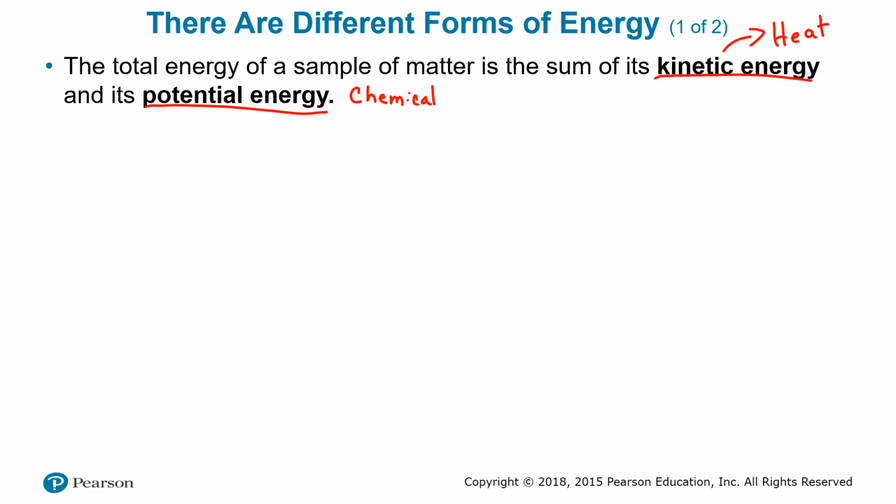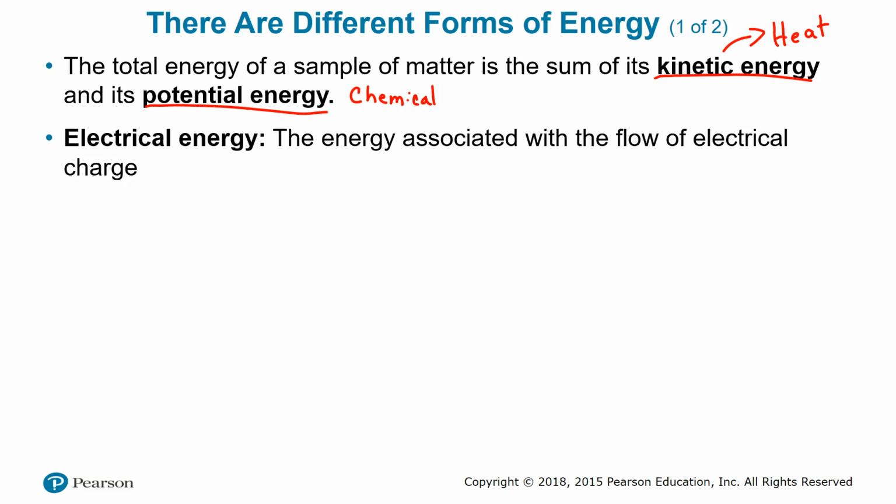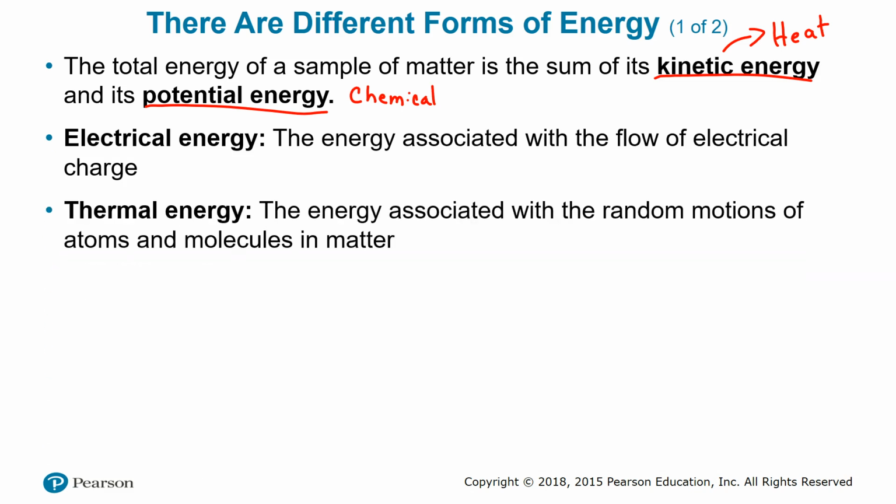Electrical energy is kind of in those bonds as well, because we can emit electrons and form electricity through chemical processes. So we have electrical energy, that's the energy associated with electrical charge. Thermal energy is going to be our kinetic. It's the energy associated with the random motion of atoms and molecules in matter.